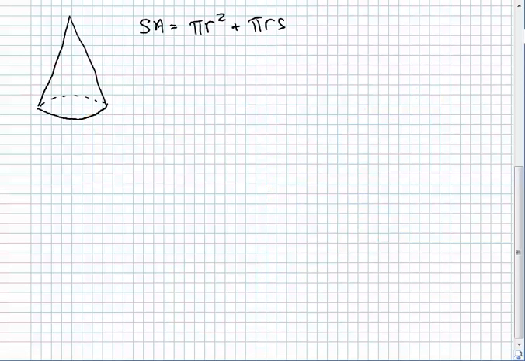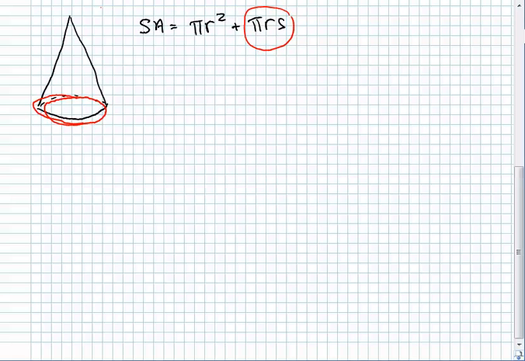We haven't really looked at a cone before, I don't think, but the surface area of a cone, again given to you, is pi r squared plus pi r s. The pi r squared is the circle on the bottom. The pi r s refers to the rest of the shape, which is again a lateral area.